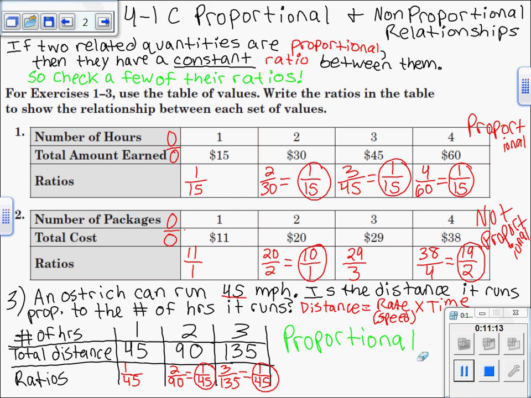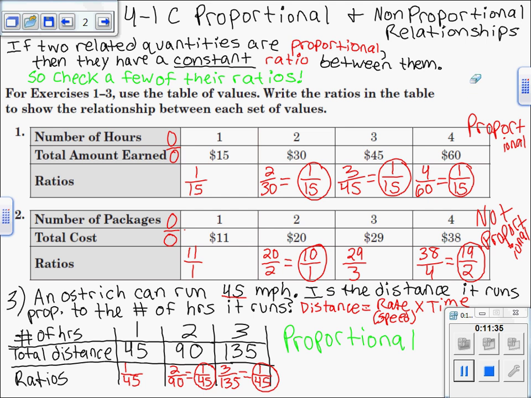So this situation is proportional, and you can use it to help you with solving for how many hours it's going to take him to run, let's say 200 miles. Even if it's not exactly a multiple of 45, that's okay. We can predict, even if the answer is going to be 4.2 hours, we can work with that because 4.2 hours exists. That means it's between 4 hours and 5 hours.